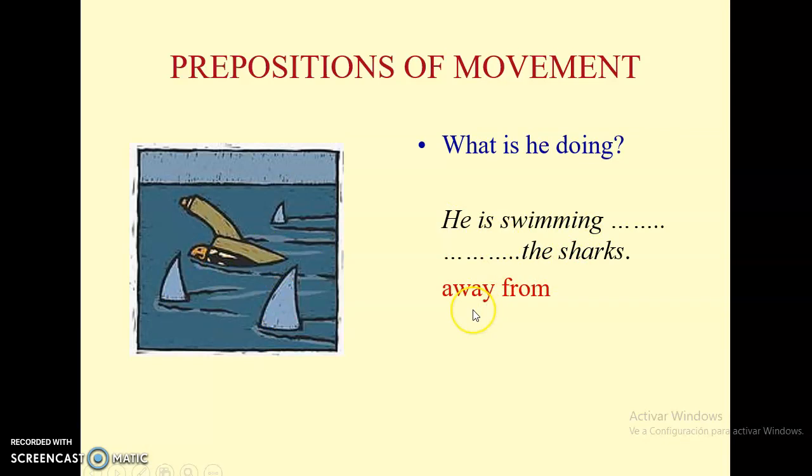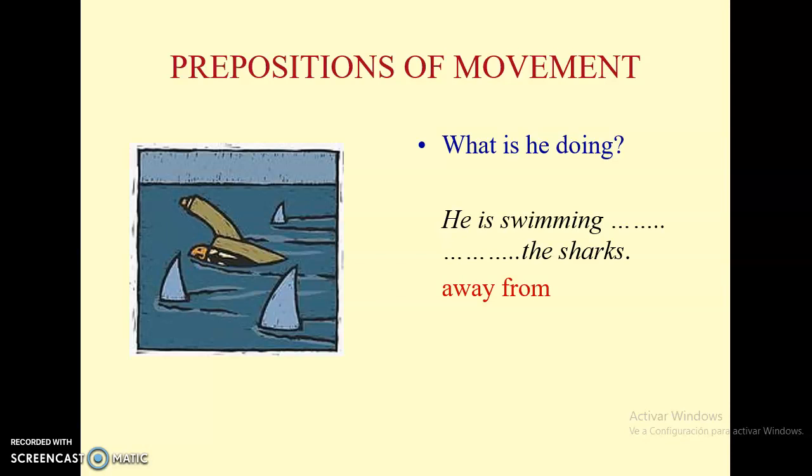Okay, in this case, we have another preposition of movement that is away from, right? So this is the opposite, actually, of toward. I'm not talking about going in a specific direction.